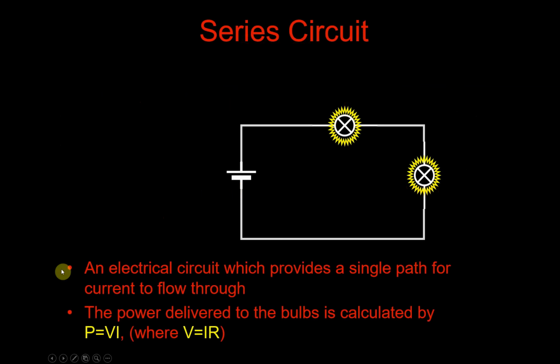So here's the situation. Our current is coming out of the battery, traveling through each of these bulbs and lighting both of them. Any electrical circuit that provides a single path for our current is going to be delivering a power of P equals VI, where V can be found from IR, of course.